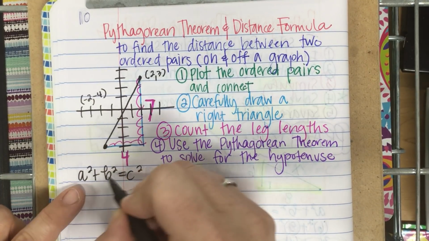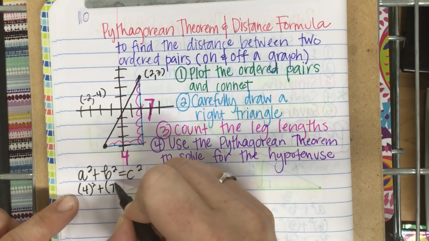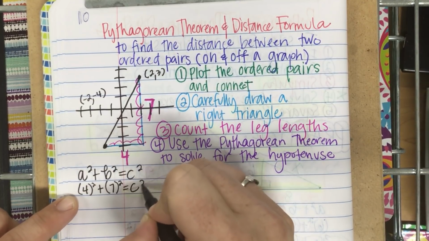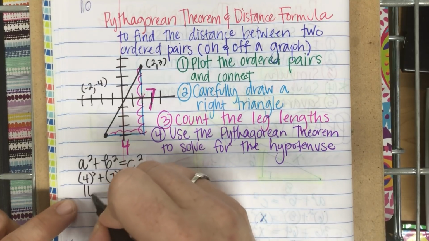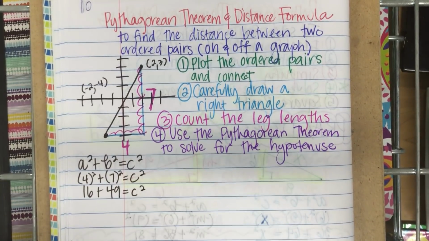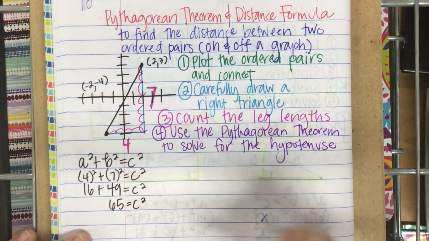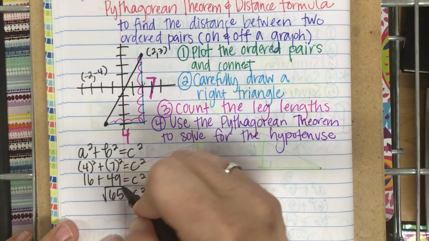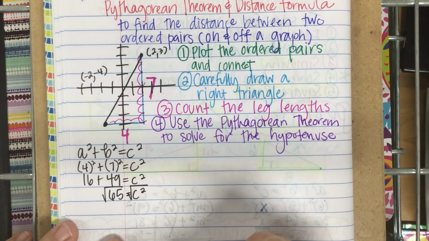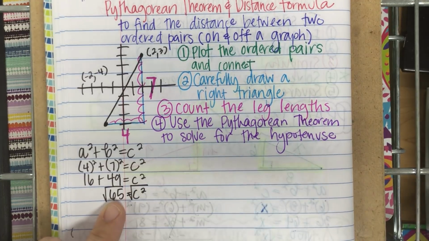My legs are a and b, so I have 4 squared plus 7 squared equals c squared. 16 plus 49 equals c squared. 16 plus 49 is 65 equals c squared. And the square root, so that's a little bit bigger than 64, so it's going to be a little close to 8.